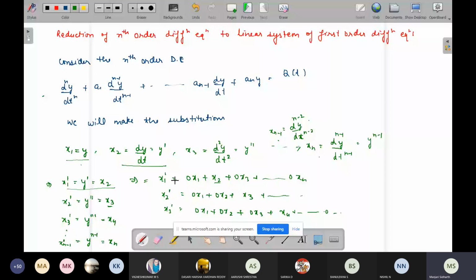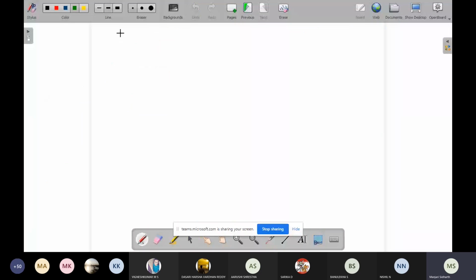So let's see. Suppose you have this differential equation, let us say d2y by dt square minus y is equal to 0. See, this is a very simple equation.